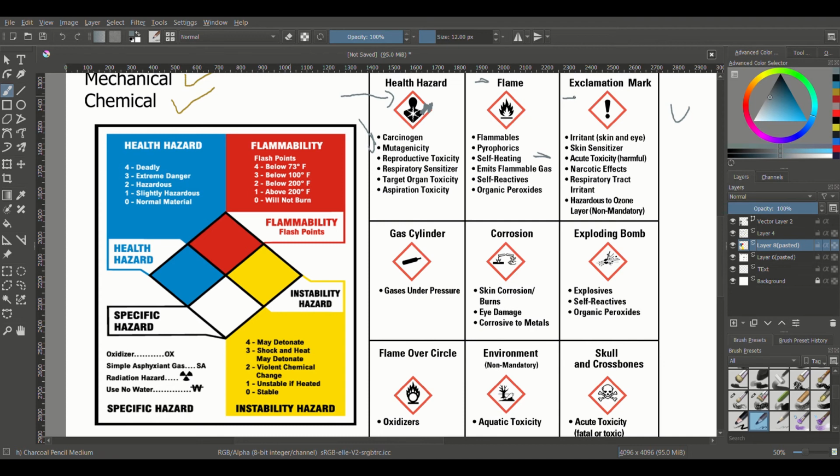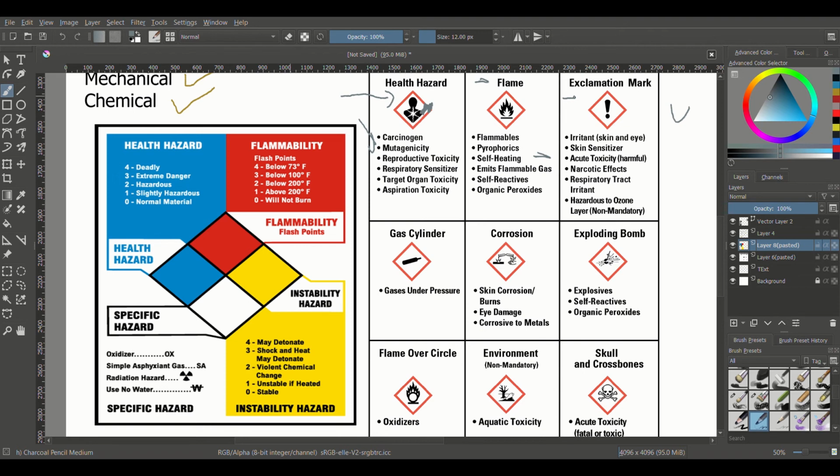Maybe you get a skin sensitizer, meaning that it makes your skin a little bit more sensitive to the reagent itself over time, but in this case it happened pretty quickly. An acute toxicity means that it's toxic at very low levels and tends to show that effect very quickly. Something could have a narcotic effect. I could think, maybe chloroform might be one of those.